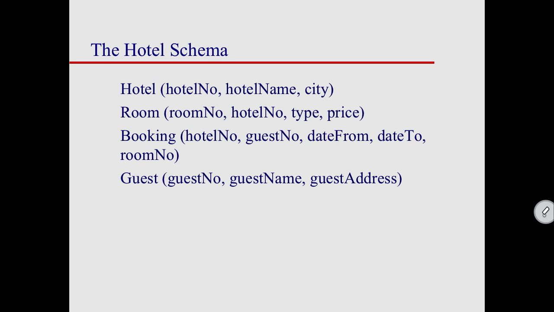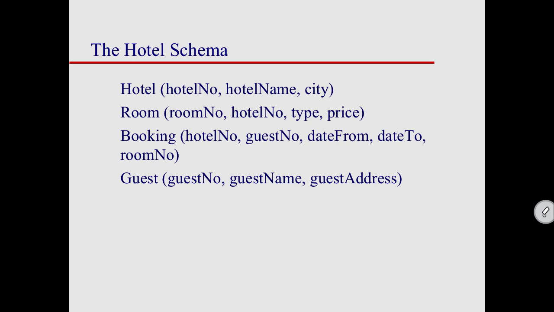That might work. So guest number, date from, date to, and room number should be unique. Very good, so that would be one.